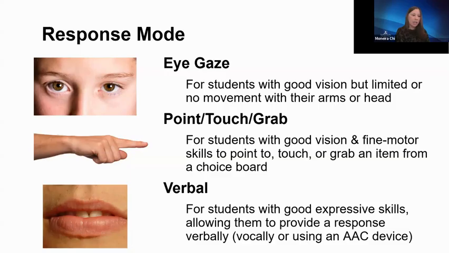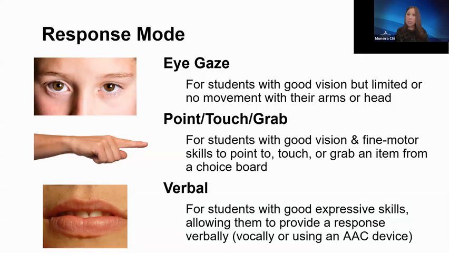Alternately, a child who perhaps does not have difficulty with motor control is able to use their hands and arms, but who struggles to express themselves vocally or verbally might use a point, touch, or grab response. And this is something we see very, very often with our students with significant cognitive disabilities.